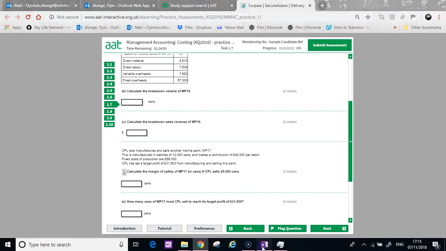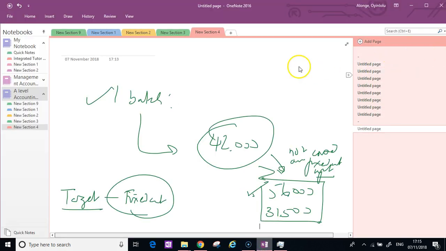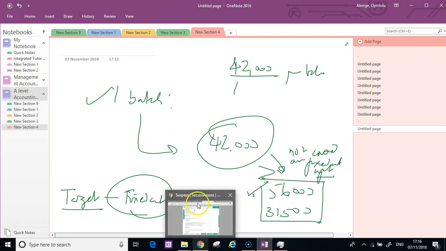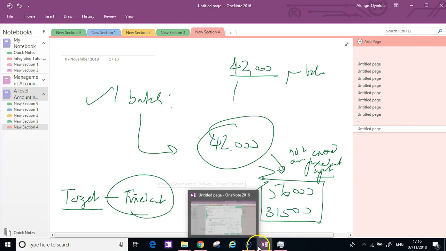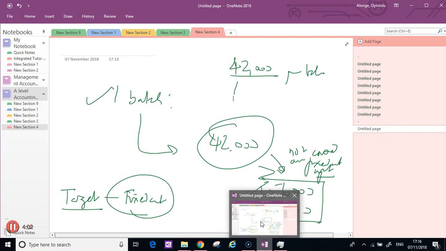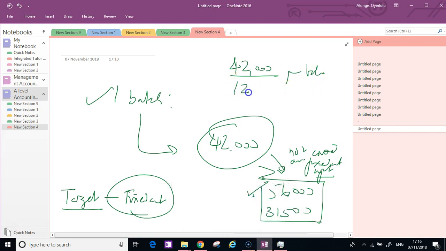Just really think about what they're really saying. They're telling us that we have 42,000 per batch, and we're getting a contribution of 42,000 for, let me see how many units, 12,000 cans. A bit of an odd number there. So we can almost work out what the contribution is per can.